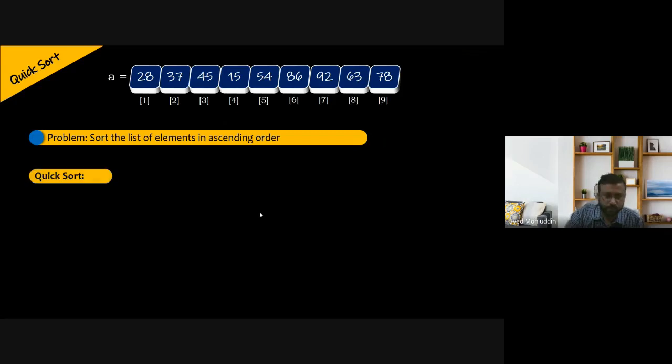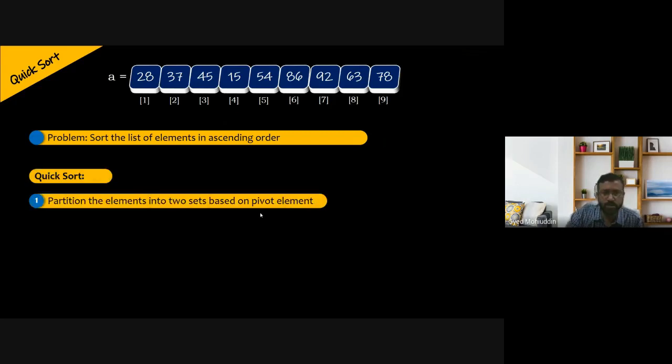The way quick sort works is it partitions the elements into two sets. Quick sort doesn't partition the elements into equal halves. It partitions the elements into two sets based on the pivot element. In a general sense, a pivot is like a point which balances the right and the left.